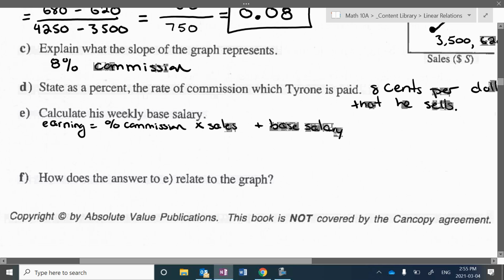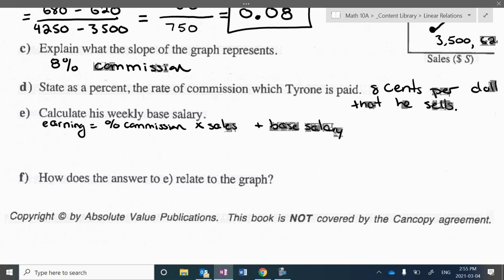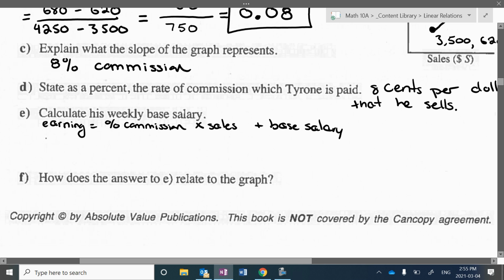From here, we know some of this information that we can fill in. We know, for example, he earned $620, his percent commission is 0.08, and in that case he sold $3,500 worth of stuff, plus that base salary.